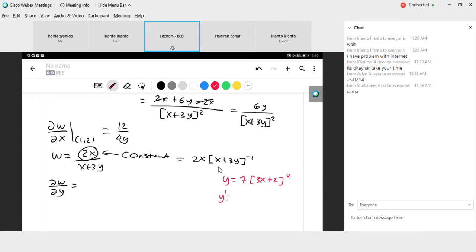Still remember? 7 multiplied by the power 4, and then multiplied by the derivative of this. What is the derivative of 3x plus 2? Just 3. And then multiply the same thing, (3x plus 2) to the power of 3, or 4 minus 1. Anyone remember this?